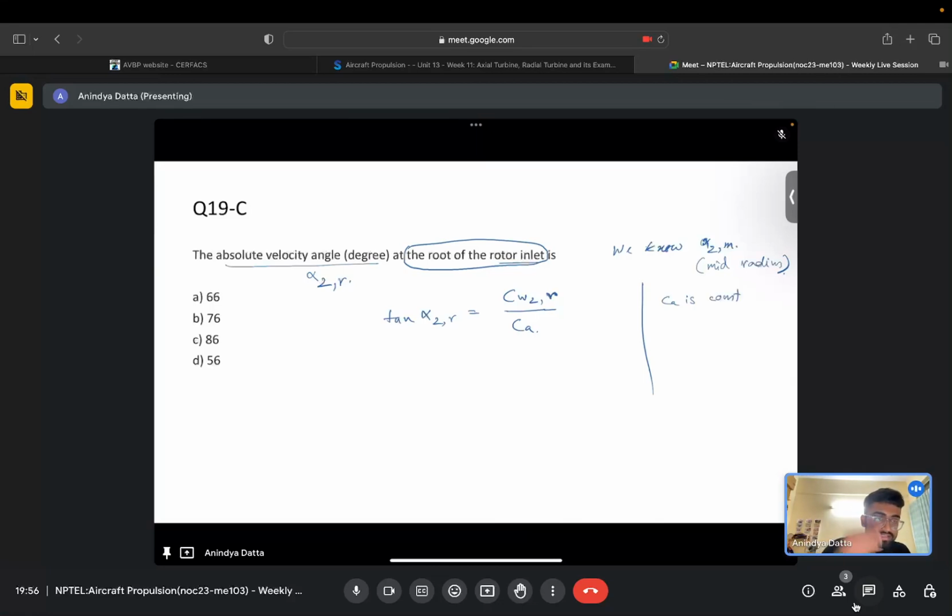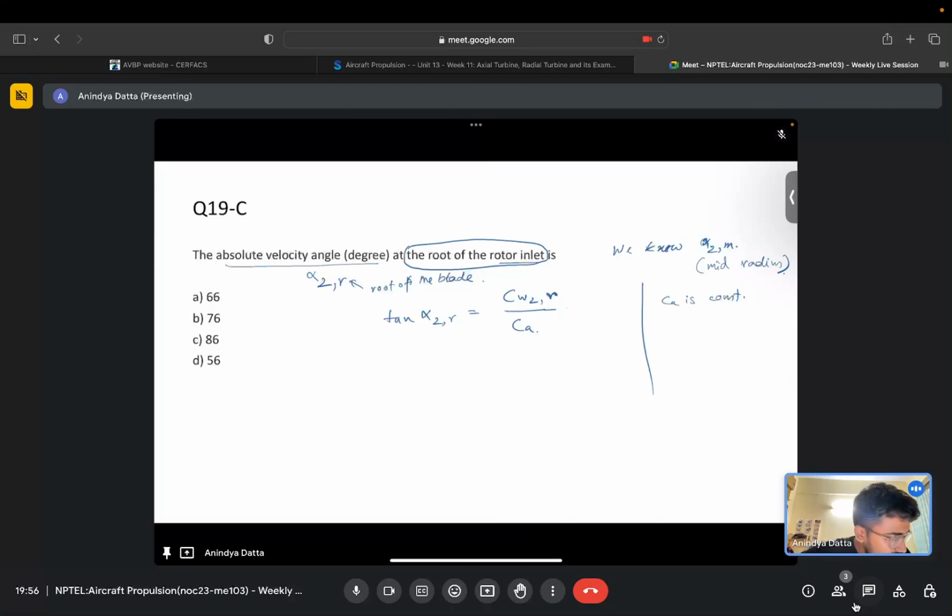That is the basis of our derivation for the free vortex condition: axial velocity is constant in the flow direction, and also constant across the radius. So tan alpha 2 is equal to the whirl component of velocity at the root, where r here denotes the root of the blade, divided by Ca.